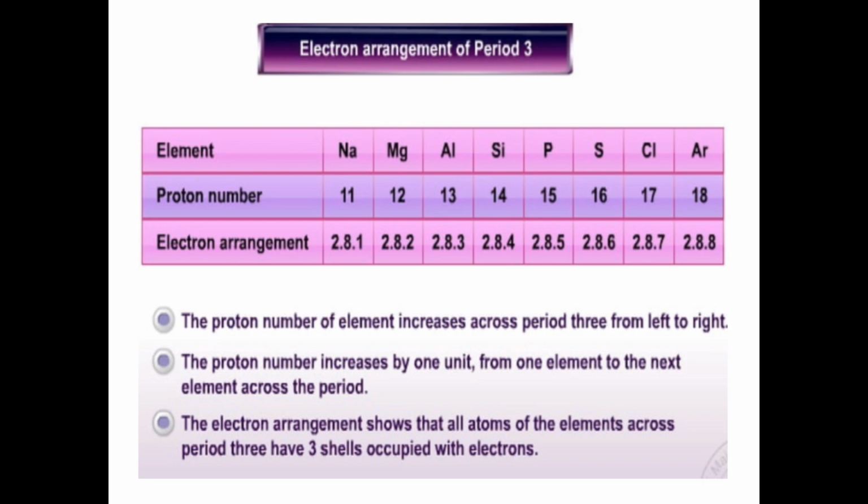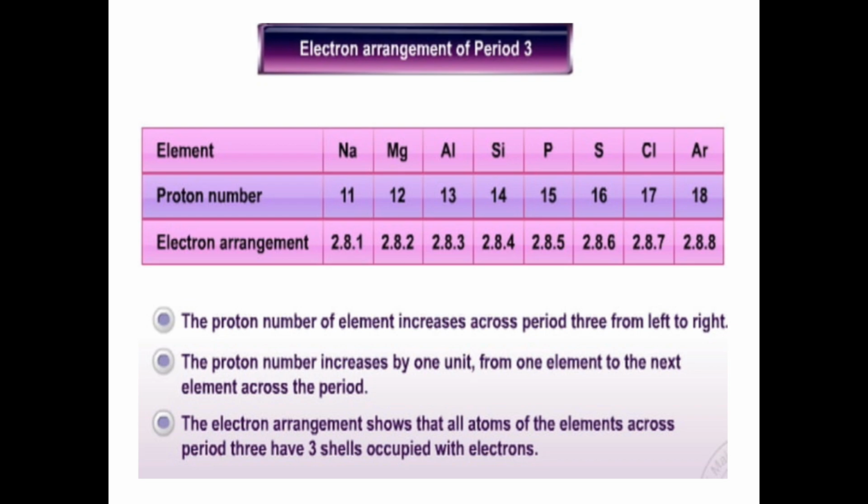And then for their electronic arrangement using the K shell, you have 2,8,1; 2,8,2; 2,8,3; 2,8,4; 2,8,5; 2,8,6; 2,8,7; and 2,8,8 respectively. Key points to note here is that the proton number of elements in period 3 increases across the period from left to right.